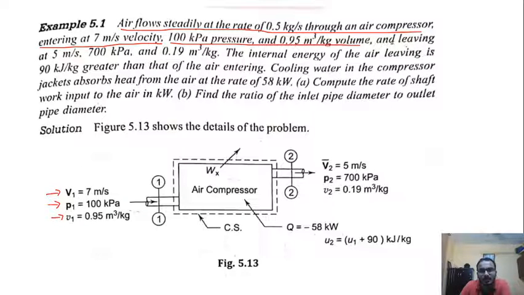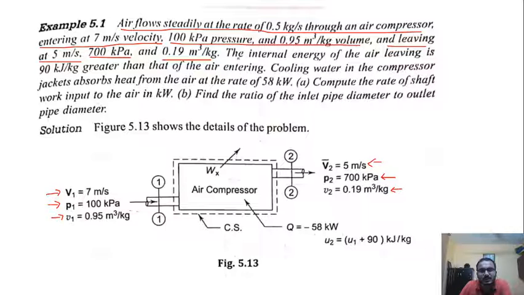and it is leaving this air compressor at 5 meter per second speed, that is shown over here, 700 kPa pressure, and the specific volume is 0.19 m³ per kg.